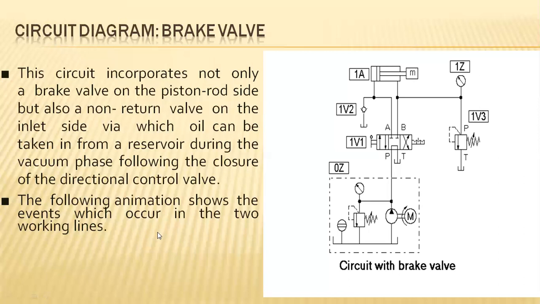So the following animation shows what occurs in the two working lines. Considering that inlet condition, a sequence valve or pressure relief valve is also being used, indeed, to allow only the set pressure into the inlet and the output also.